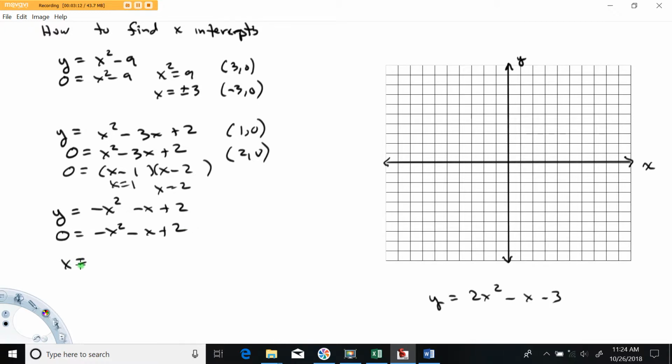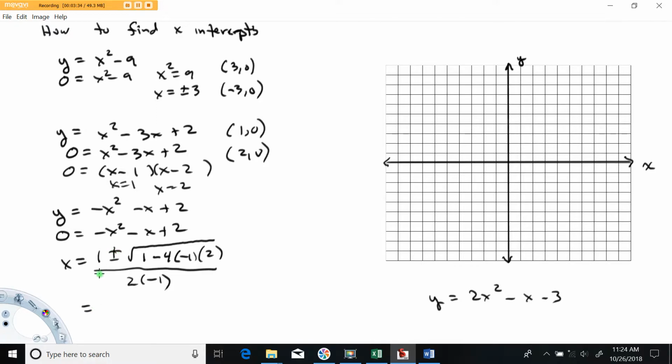So x is going to be the opposite of b, which would be 1, plus or minus the square root of b squared. Now negative 1 squared would be 1, minus 4 times a times c, all over twice a.